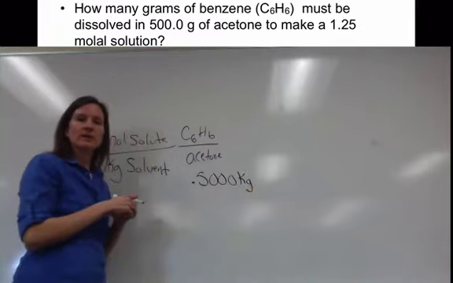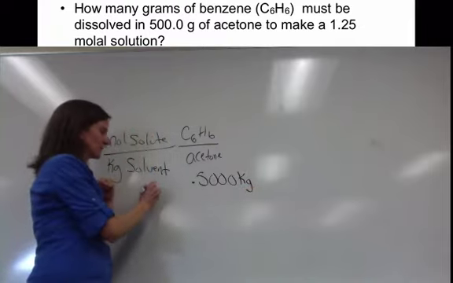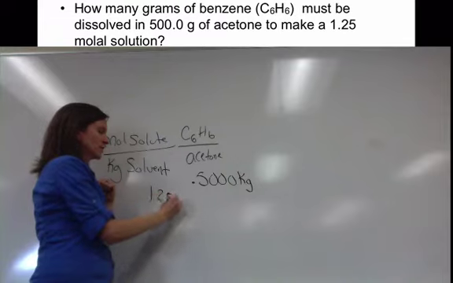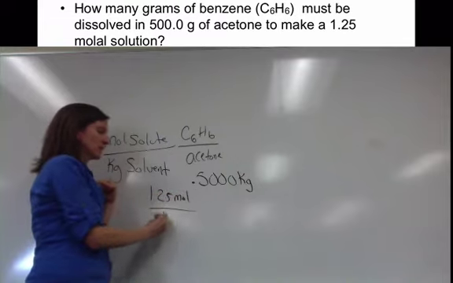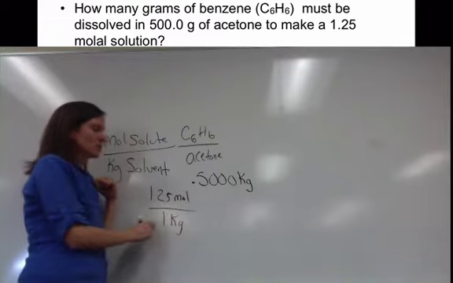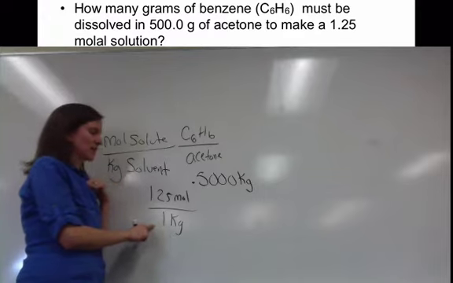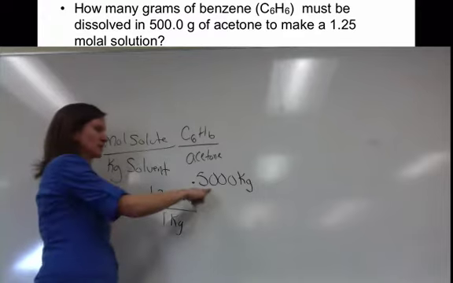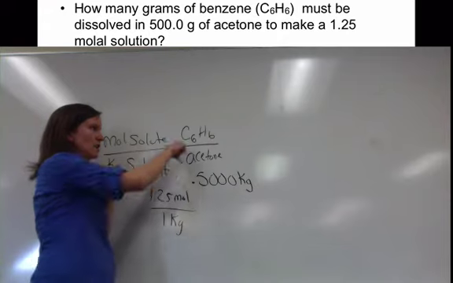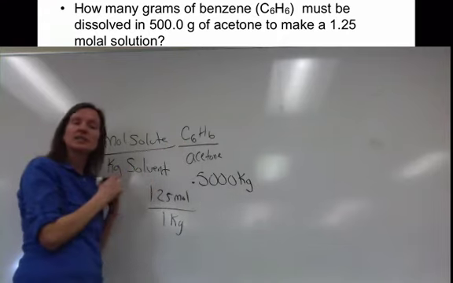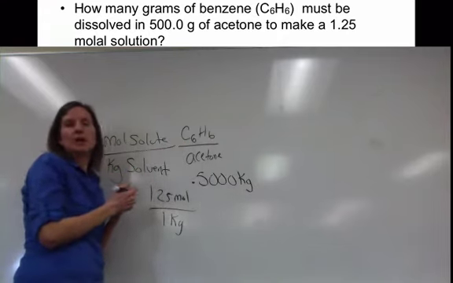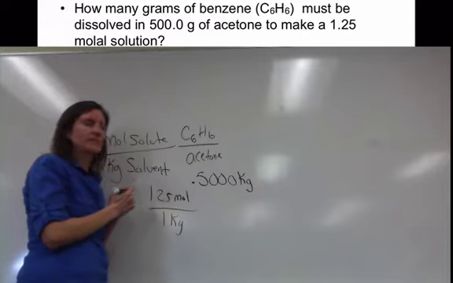I'm also given the molality here, which is I have 1.25 moles per every 1 kilogram. We can use this as a conversion factor then to get from kilograms of acetone to moles of benzene, which will then allow me to get to grams, because once I have moles, I essentially have grams because of molar mass.